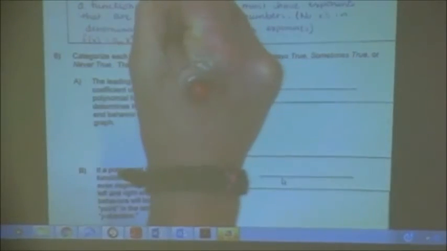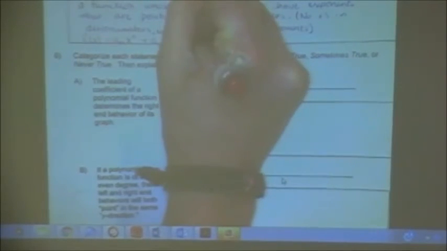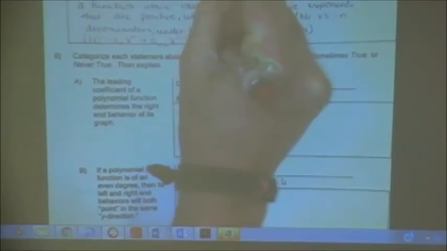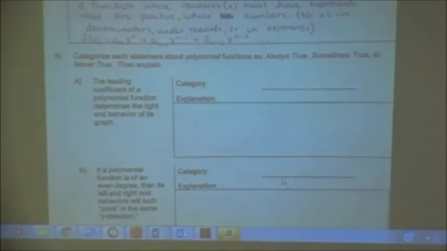So let's see. It's a_n x^n plus a_(n-1) x^(n-1).